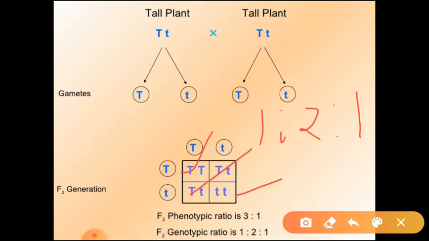It is the crossing of two different traits of a single character. Next, we can learn the monohybrid ratio also.